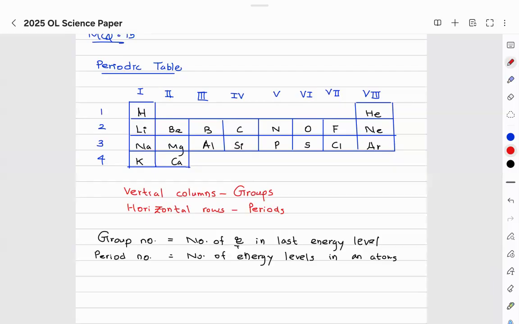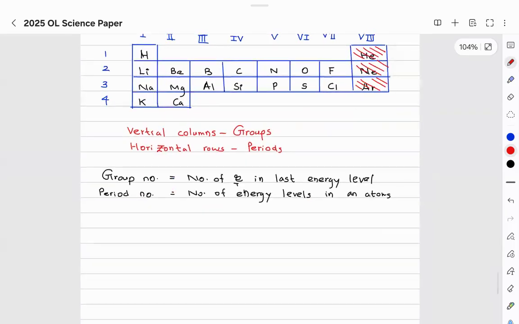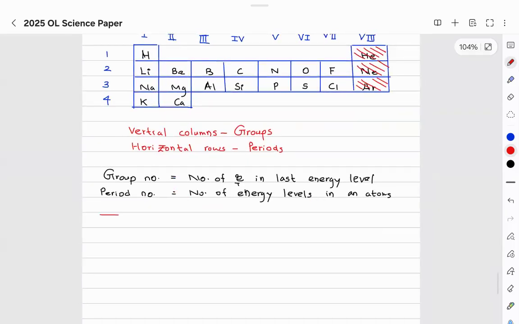Helium, neon, argon, right? They are noble gases. Helium, neon, and argon. Right?